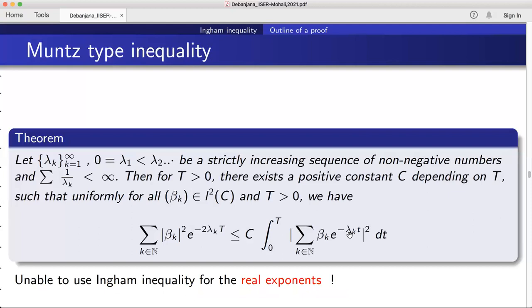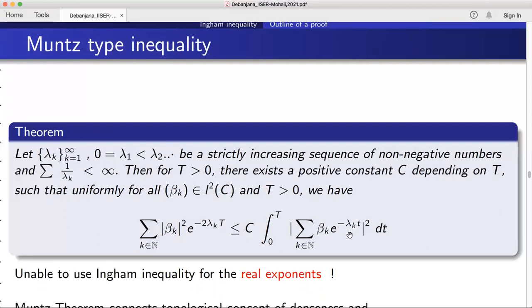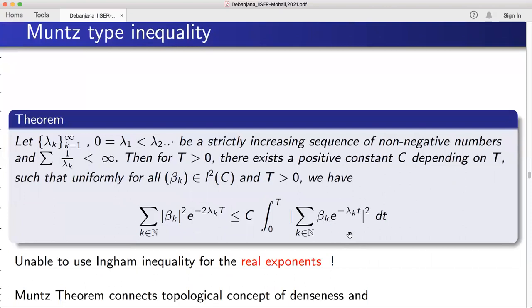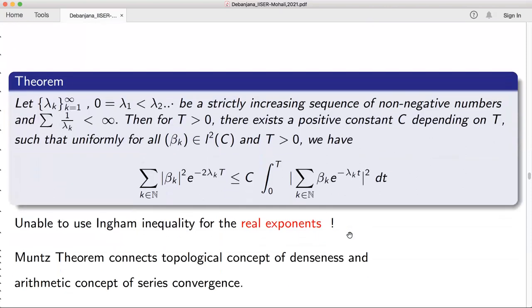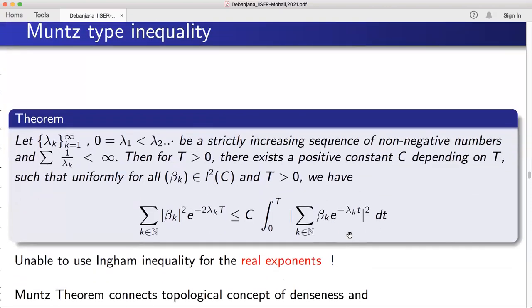So here we need a different type of inequality, which was also studied very long back. I think this is due to Müntz-Szász's theorem or inequality.